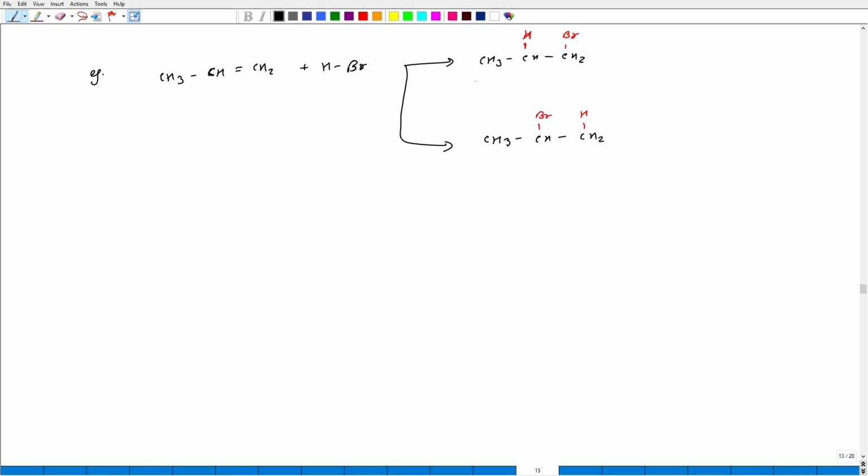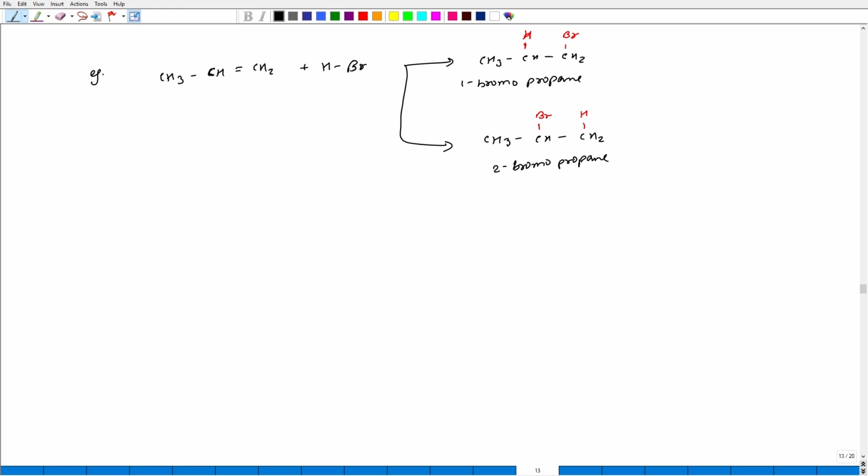This is known as 1-bromopropane, and this will be termed as 2-bromopropane. So, there are two possibilities. These are the two isomers, as we will get two isomers.